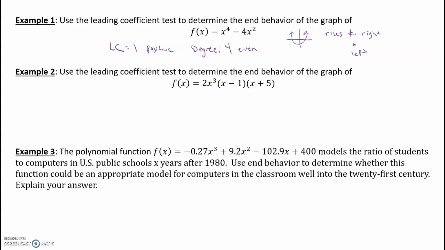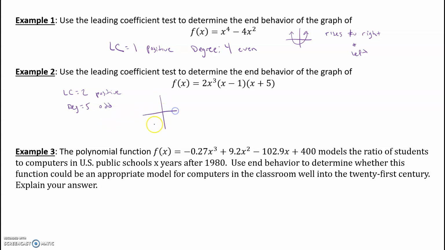And you know 2 is positive, so your leading coefficient is 2, which is positive. And your degree is going to be 5, which is odd.